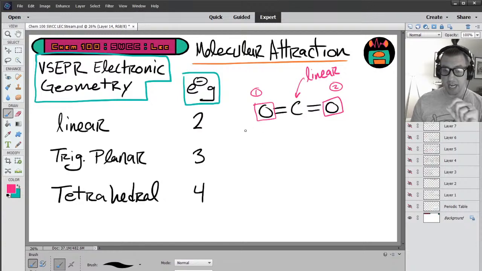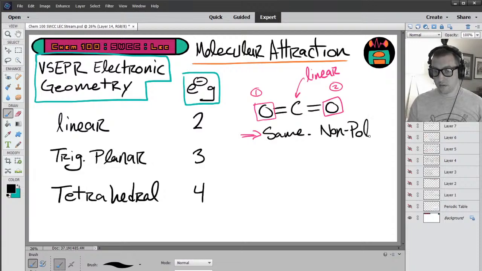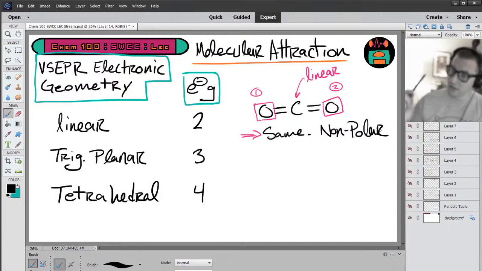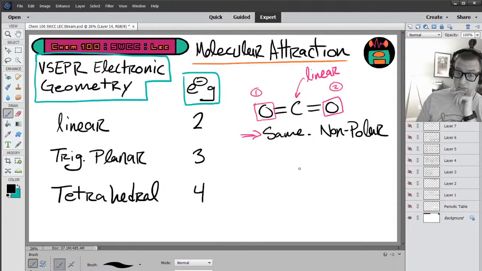And guess what? In this molecule, those 2 electron groups were both oxygens, so they're the same, which means the molecule is nonpolar. That's why they cancel. Now you might be going, well, wait a minute, Josh. In water, the oxygen or central atom had 2 hydrogens attached. Why wasn't that nonpolar? Let's take a look.